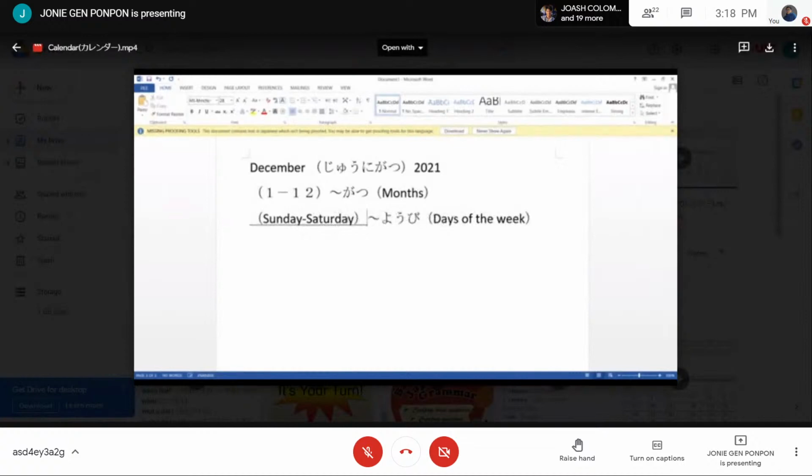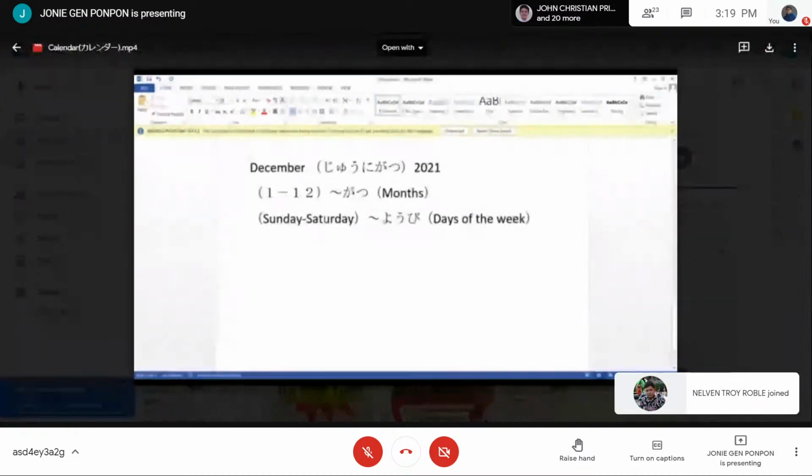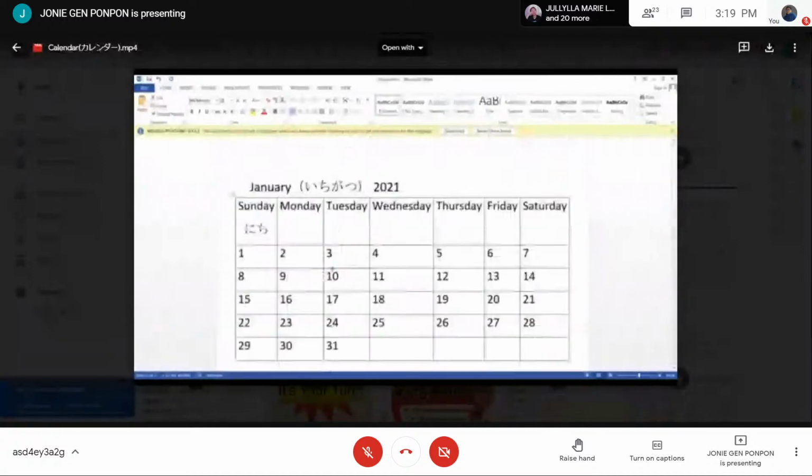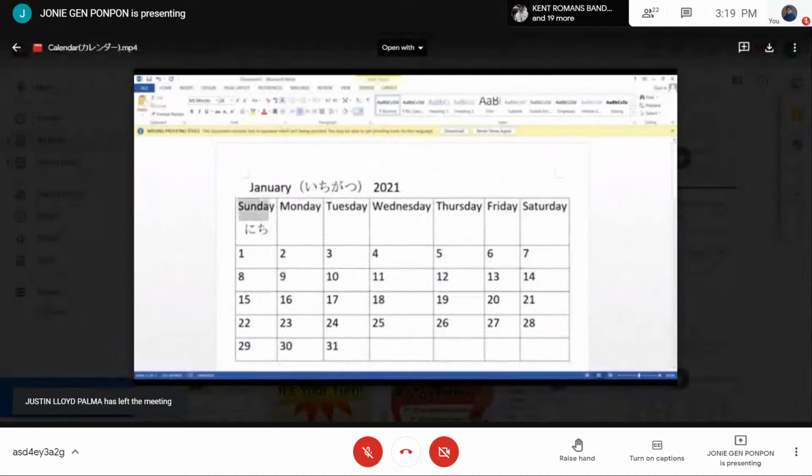The words before yobi will be introduced now, and then you just add yobi, and you have the days of the week. For Sunday, the word before yobi is nichi. So nichi plus yobi is Sunday in Nihongo. Nichiyobi.